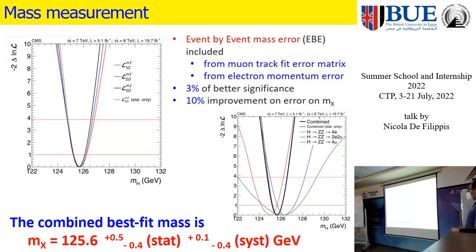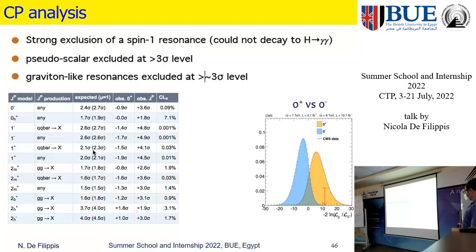The first measurement of the mass, the evaluation of the properties, the spin parity of this particle. In particular, all the experimental data confirmed that this particle was a 0 plus particle, so a particle with spin 0 and positive parity, +1.